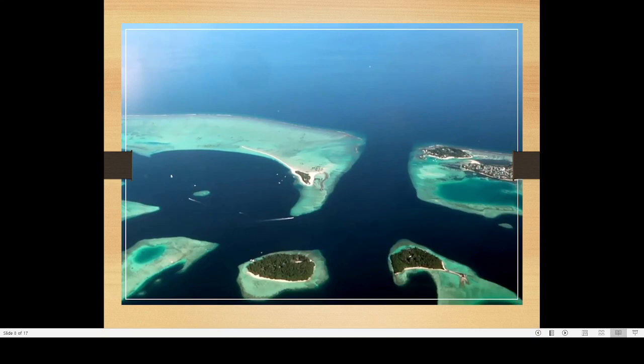And the importance of coral islands is that these islands are actually formed by deposition of the coral remains. Now, corals are a group of colonial organisms. They multiply in very large number, and when they are dying, their body will be having a coral shell, and this coral shell is basically calcium carbonate.